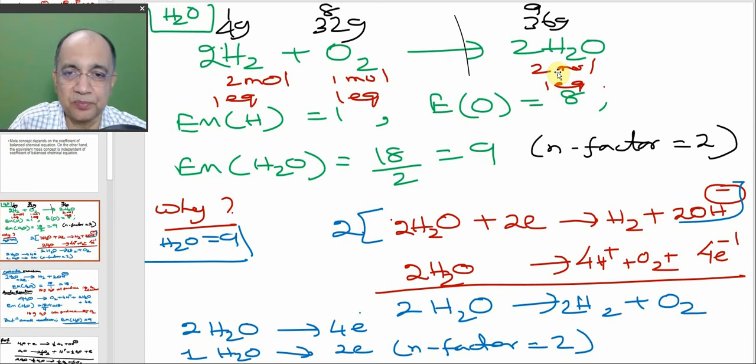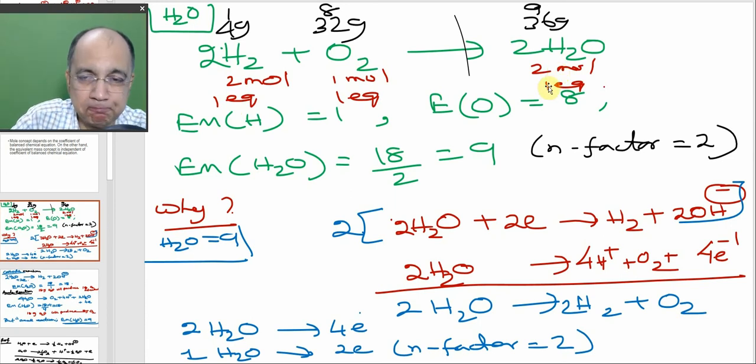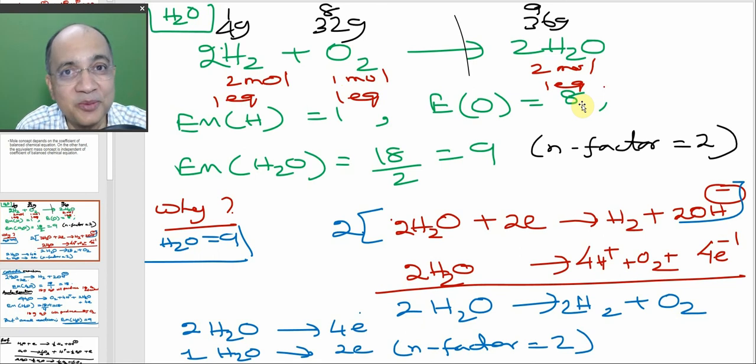Because 2 moles means 36. So if 4 grams is producing 36 grams, then 1 gram will produce 9 grams. Because 1 is the equivalent mass of hydrogen, 9 is bound to be the equivalent mass of water.